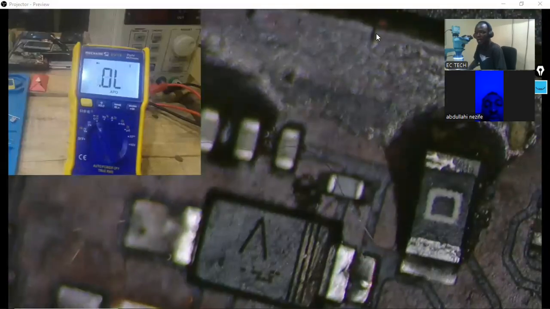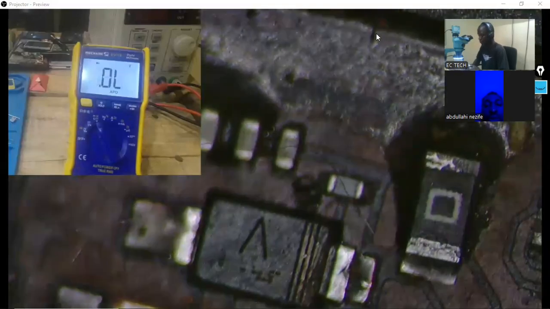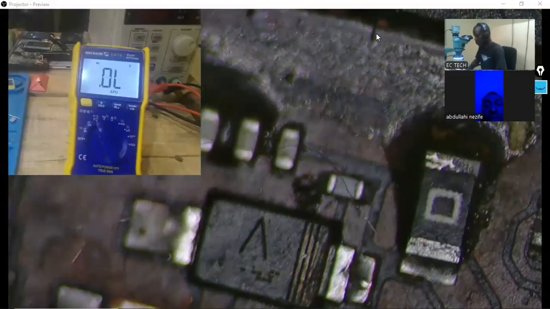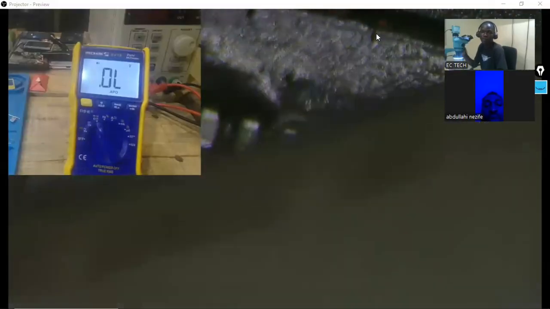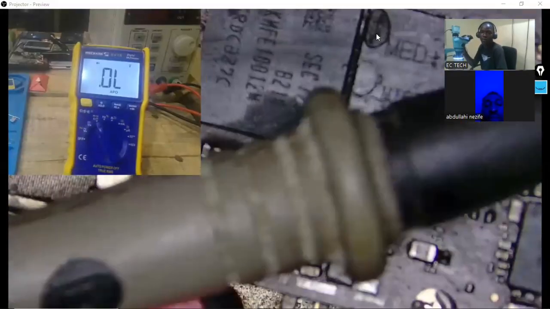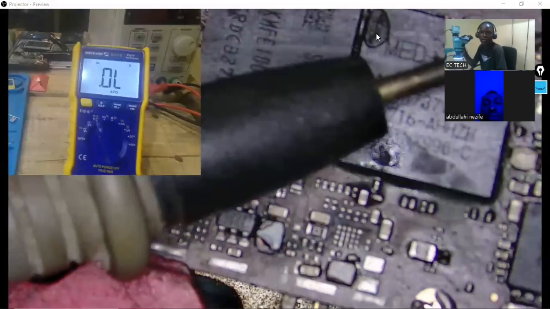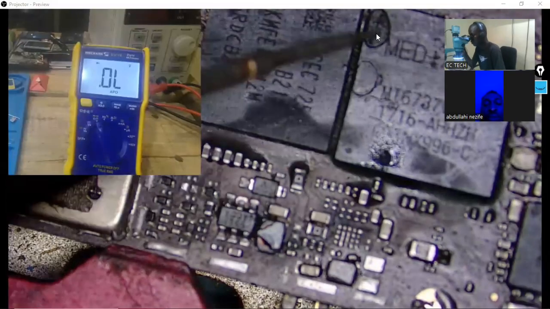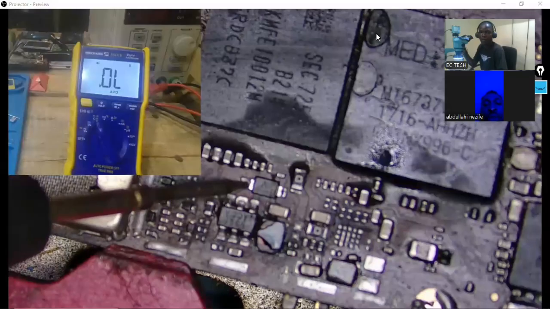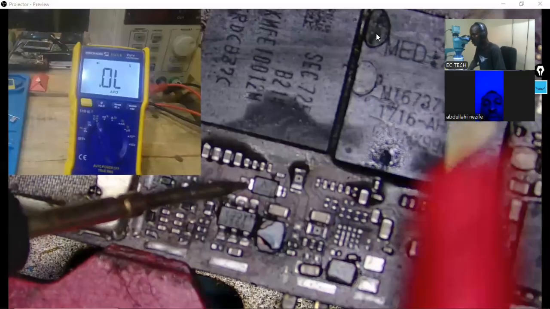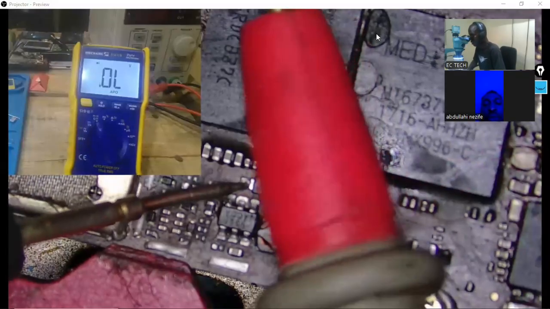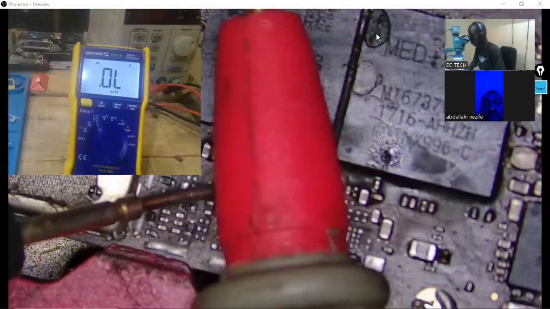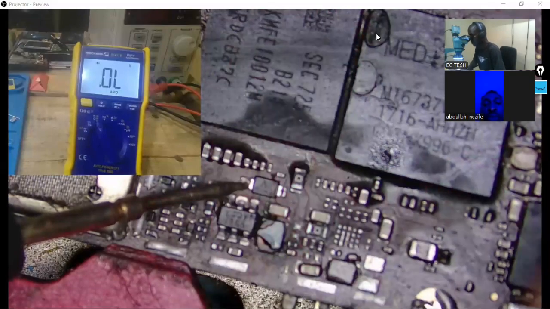Alright. So now we said in reverse. In reverse, we are going to interchange our probe. So now the negative probe we are going to place to the positive terminal of the diode, and the positive probe to the negative terminal of the diode.